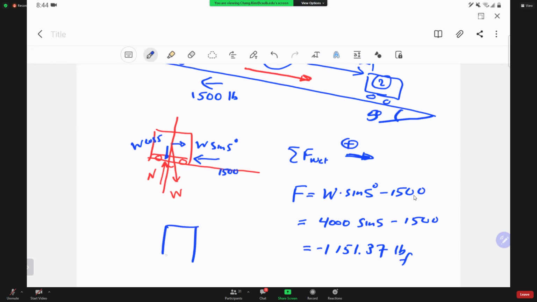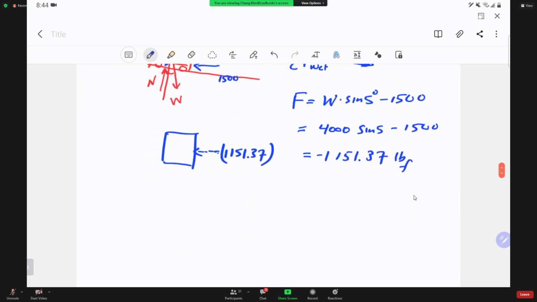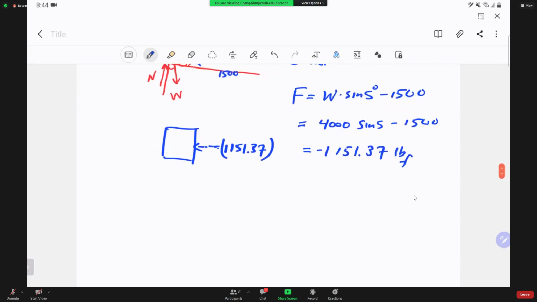So the net force, the resistance force, is acting opposite to the motion. That's going to be 1151.37 pounds acting. Okay. Now, this guy has to travel down here to position 2, where the velocity gets to be 0.